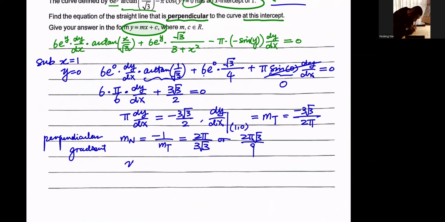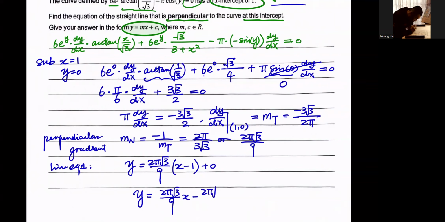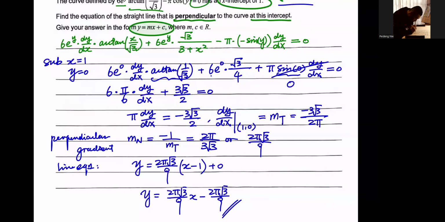The equation of the line: y equals 2 pi root 3 over 9 times (x minus 1) plus 0. So eventually this is 2 pi root 3 divided by 9 times x, minus 2 pi root 3 divided by 9, in the form of y equals mx plus c.